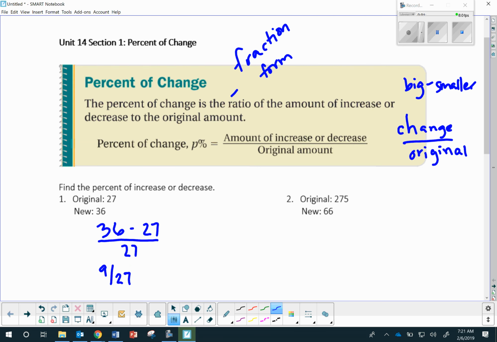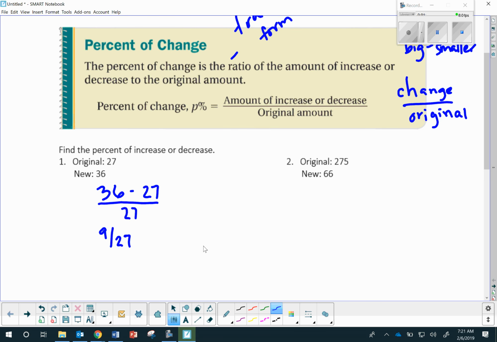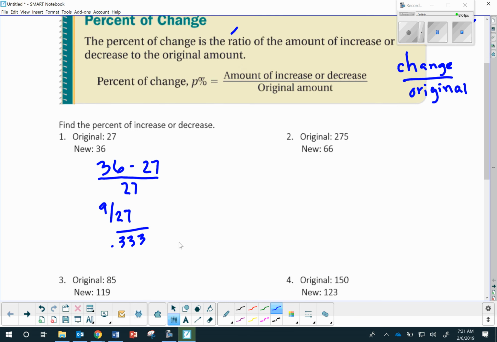We know that fraction simplifies to 1/3, which as a decimal is 0.33 repeating. We also know that decimal as a percent. We're going to move our decimal 2 places to the right. So we have 33.3 repeating percent. And because our new amount was higher than our original, we know this is a percent increase.